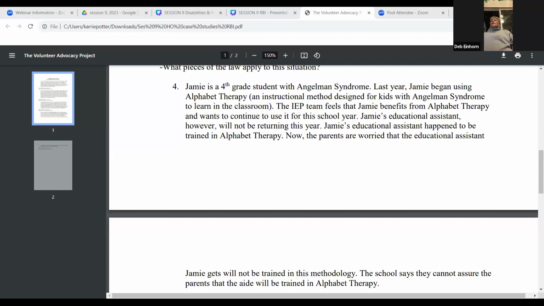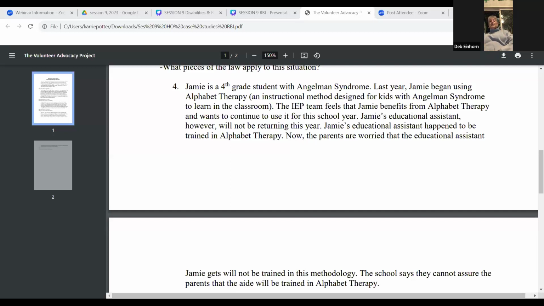Well, this is not a methodology that the parent is requesting. This is something that the school district already approved and is already using. And the student already has a history of making progress with this therapy. Now, because the aide is leaving, they're saying they can't guarantee that a new aide is going to be trained in this therapy.